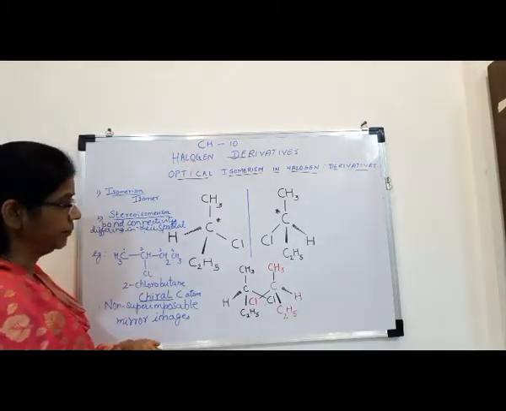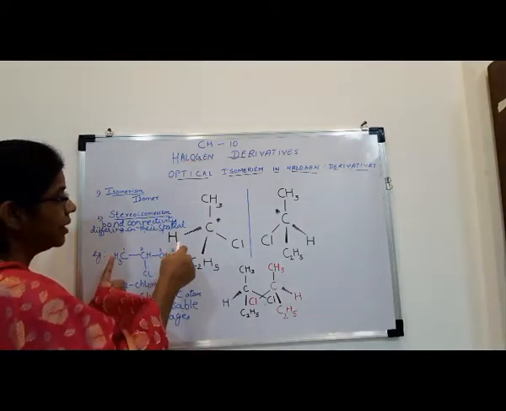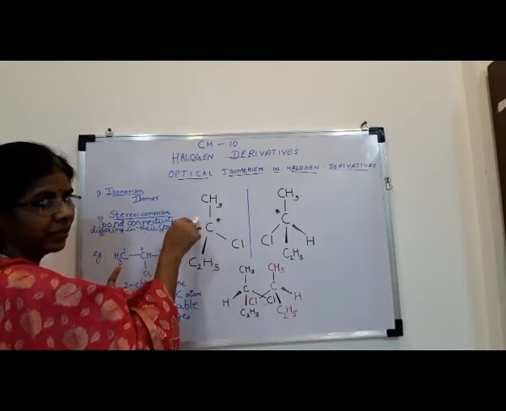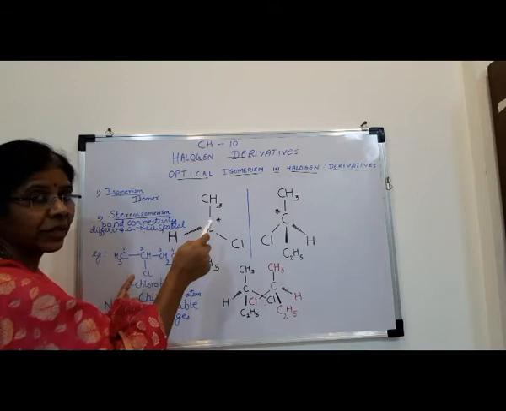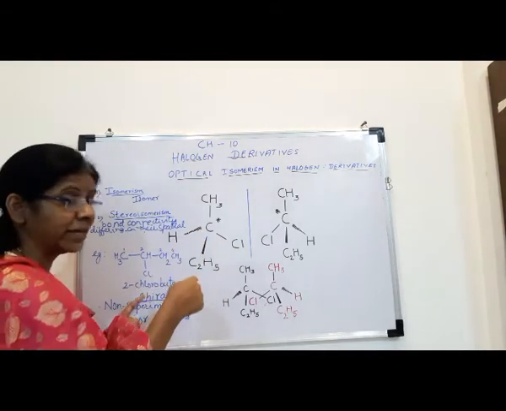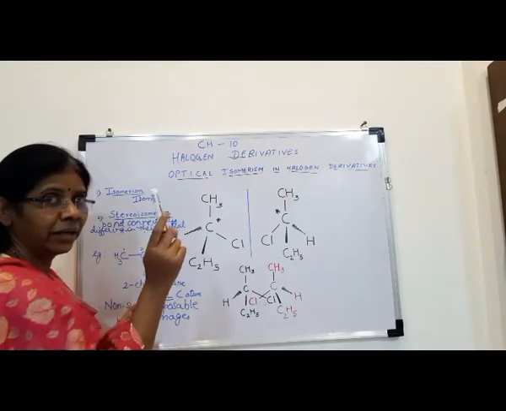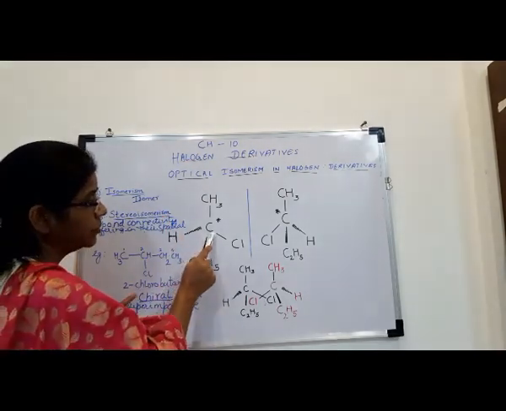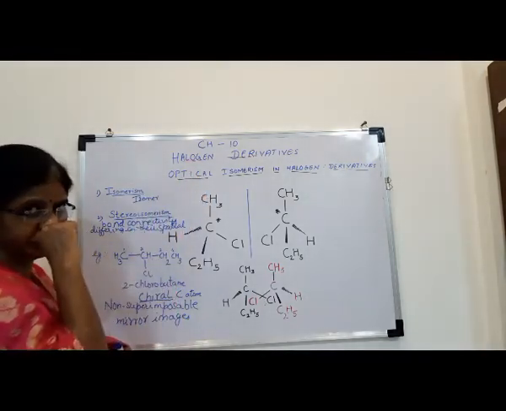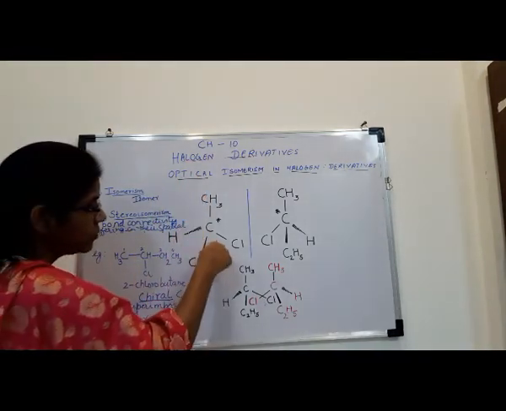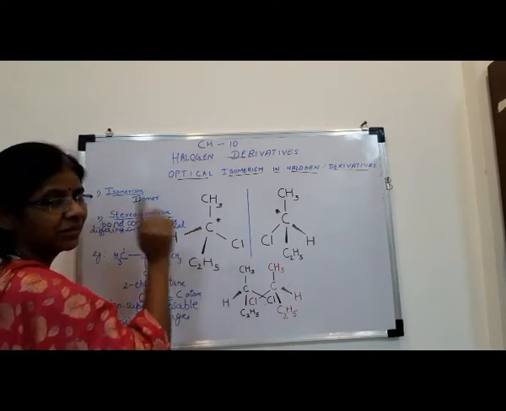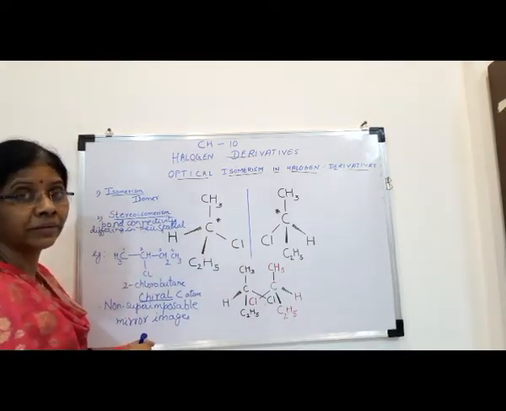Now see, it is a type of stereoisomerism. It is optical isomerism. Why? That we are seeing. Primarily, due to the presence of the chiral carbon atom, it will exhibit this phenomenon. The arrangement of the atoms in space is differing here.